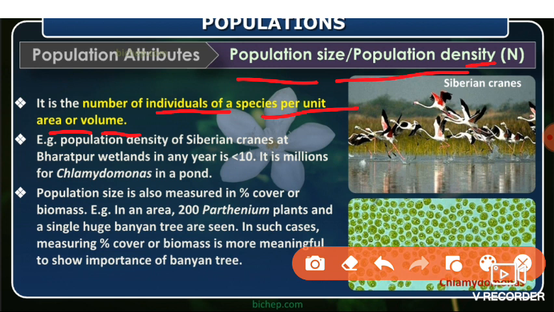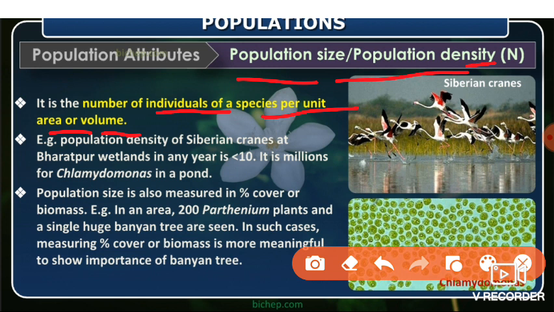The number of individuals of a particular species, how many? That will give the population density in a given area. How many individuals are there of the same species, that we call population density or population size.